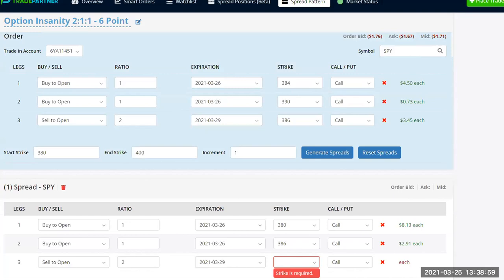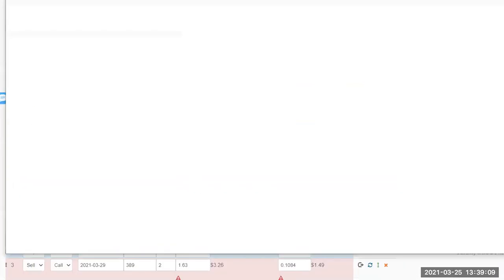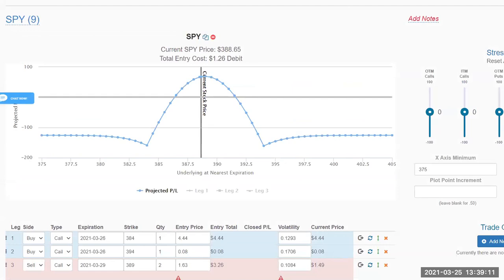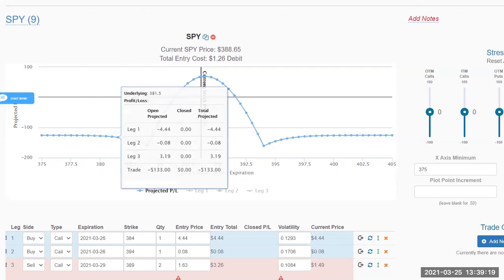And there I go, I lost my window again. It's almost like a profit stacking trade. The difference is that we're not waiting for time to pass by. We're not waiting for the market to make a move. We're actually doing it based on time.